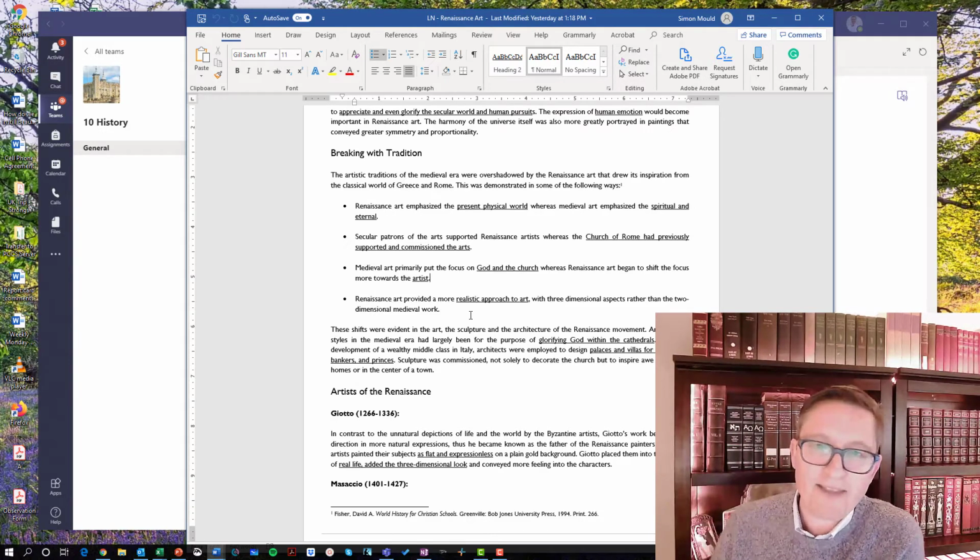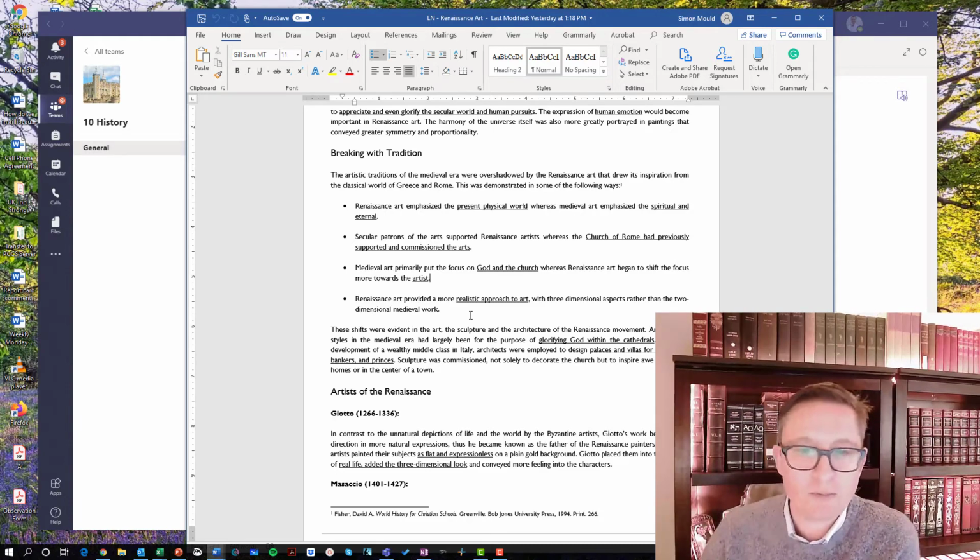Again, that emphasizes that we're living in the here and now, not in eternity, enjoying the present moment and the world around us, and the artistic expression sought to portray that. Okay, so those are some of the key areas you're going to want to take note of.